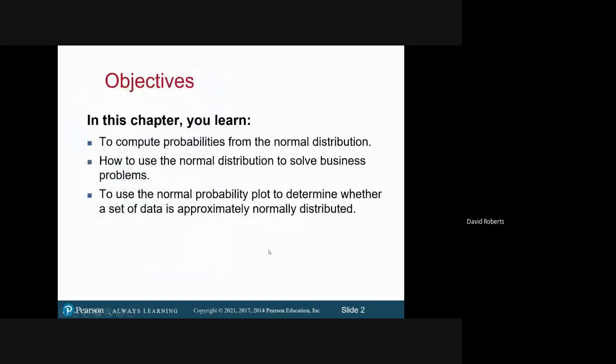Normal distribution, the bell curve as it's sometimes referred to, is very important in solving business problems. They use it for things like quality, assuming that the distribution is normal. And I mentioned in the last chapter that Poisson is used for waiting lines, but bell curves or normal distributions are used in a much broader range of topics.